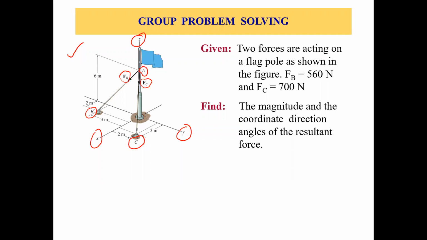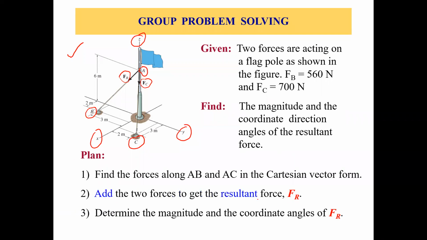All right, so what are the steps? First, we need to find the forces along AB and AC in Cartesian vector form, because we cannot just add FB and FC. We need to convert them into Cartesian vector form so that we can add them.